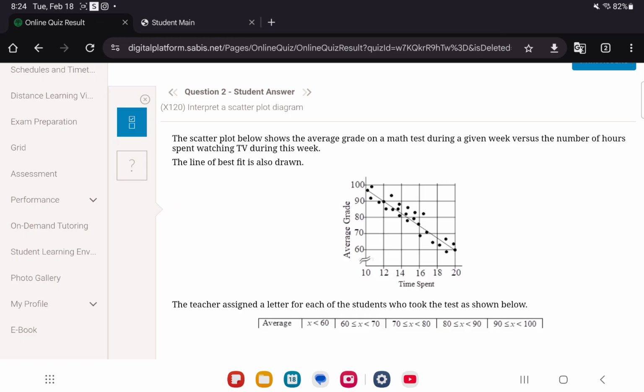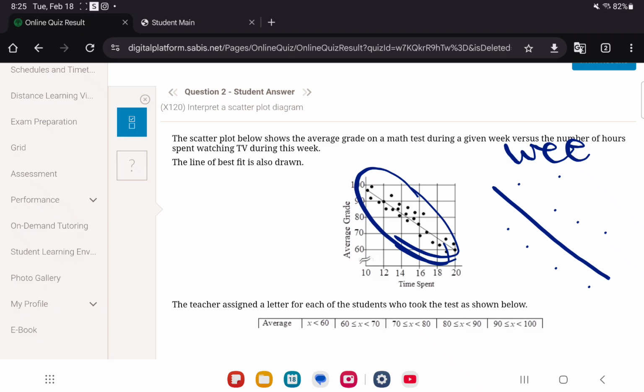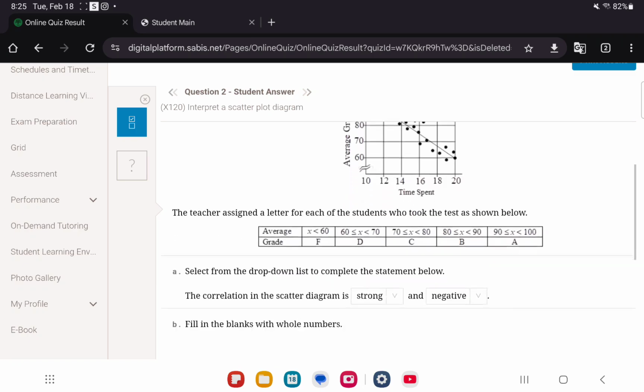Okay, so for this one, whenever the dots are very close to each other, like in this picture, it's very close, okay? But if it was like this, these are not really close to each other, they're far away. When they're far away, it's a weak diagram, but when they're close to each other, it's a strong diagram, okay?